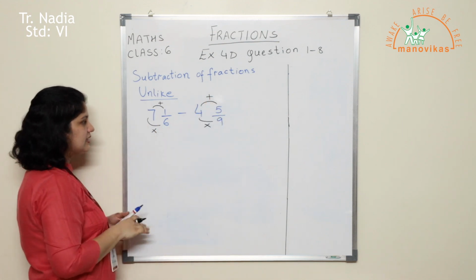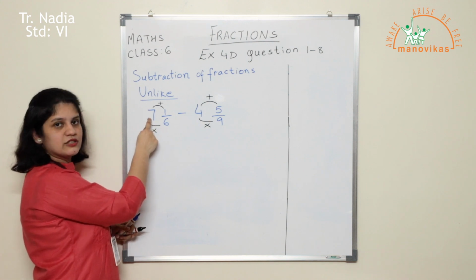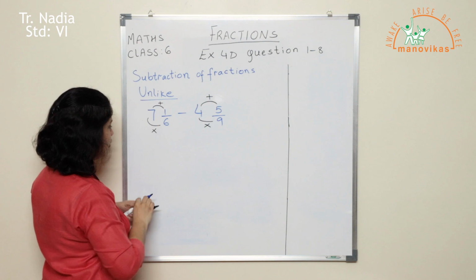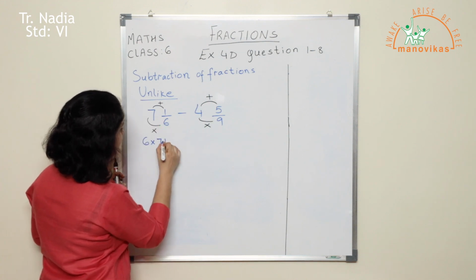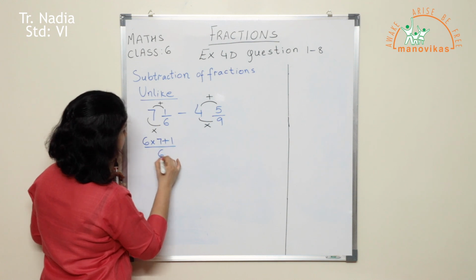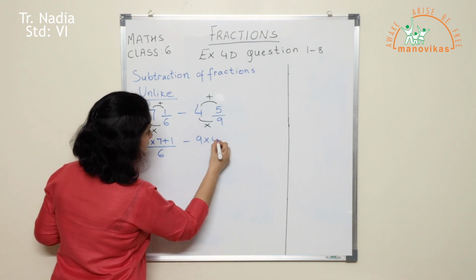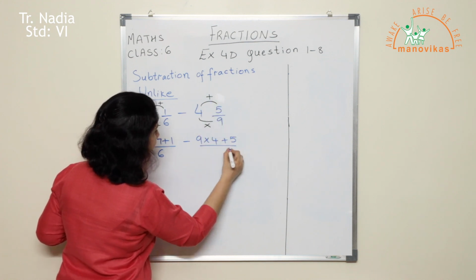So I will convert these mixed numbers into fractions. 6 multiplied by 7 is 42 plus 1, 43. You can even show the working: 6 multiplied by 7 plus 1, denominator does not change, minus 9 multiplied by 4 plus 5 upon 9.